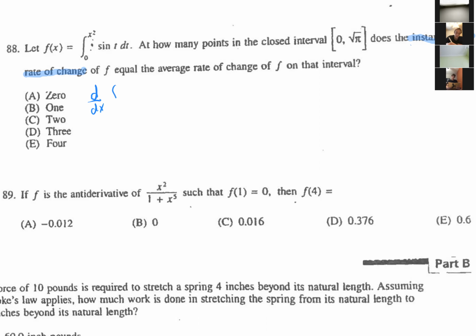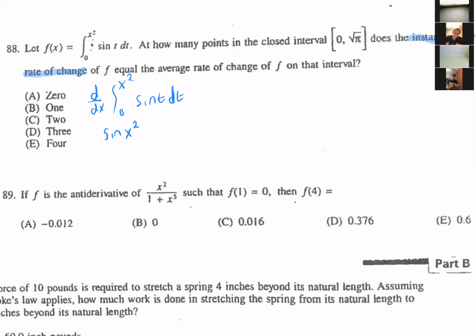And my function is the integral from 0 to x squared of sine of t dt. So this is the extended fundamental theorem of calculus because x squared is a function whose derivative does not equal 1. So you have to multiply by the derivative of x squared, which is 2x. When you take the derivative of the antiderivative, it gets you back to where you started. So you keep it as sine, but instead of t, you substitute x squared.